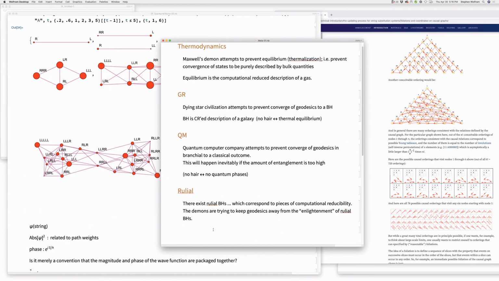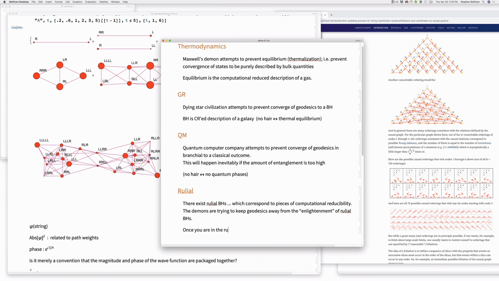Yes, I agree. But that's saying once you're in the superhighway of that Rullial black hole, you don't need to take all the surface streets of computational reducibility around it. Right. You only care about the singularity.